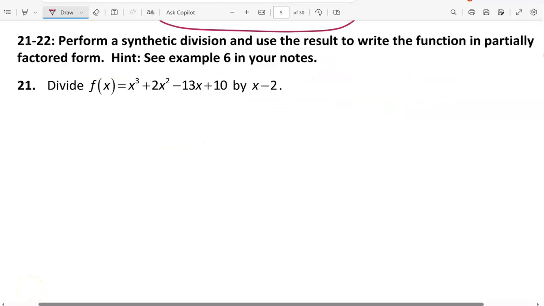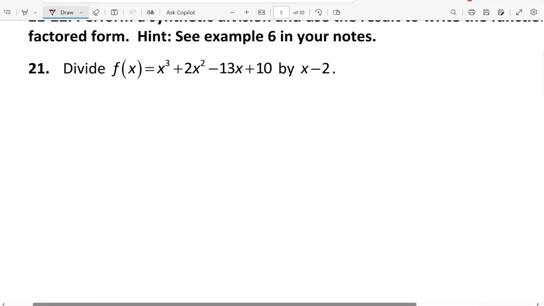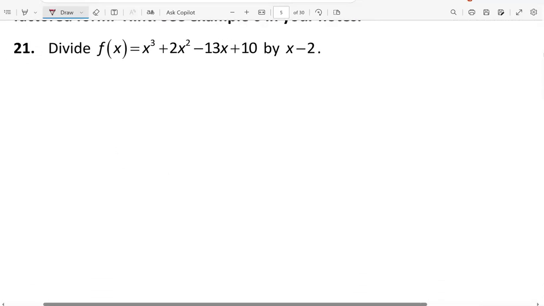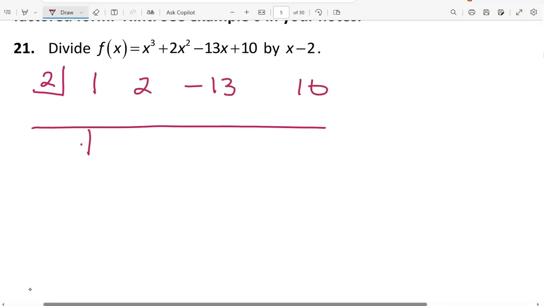In number 21, we're asked to perform a synthetic division and use that result to write the function in partially factored form. So we're dividing f of x by x minus 2. So the 0 of the divisor goes in the box, and we're dividing 1x cubed plus 2x squared minus 13x plus 10. Bring down the 1, times 2 is 2. Add that column, that's 4, times 2 is 8. Negative 13 plus 8 is negative 5. Times 2 is negative 10, and that remainder result is 0.